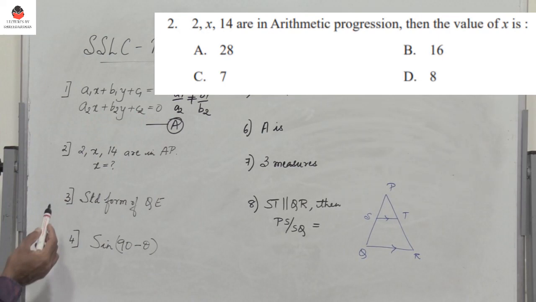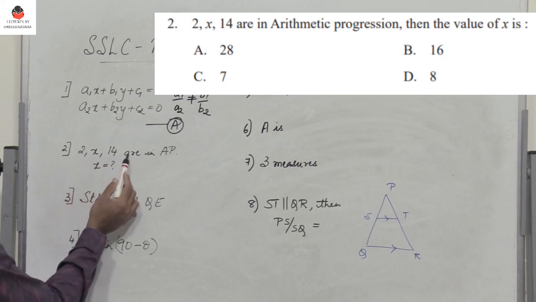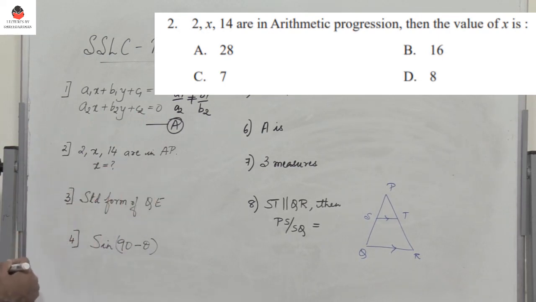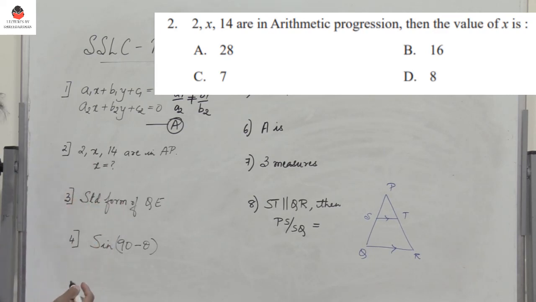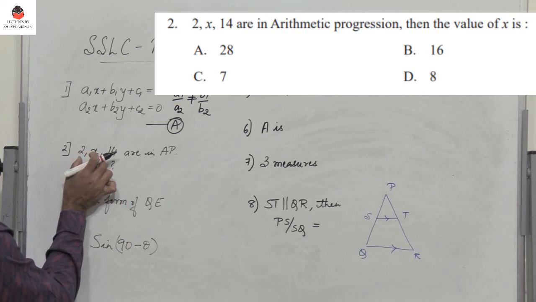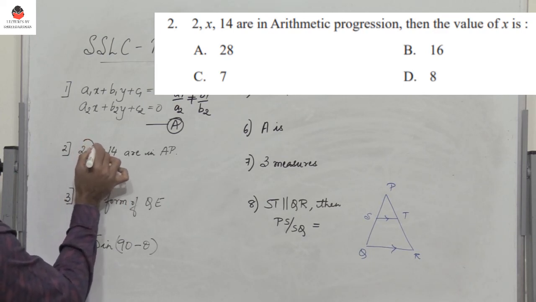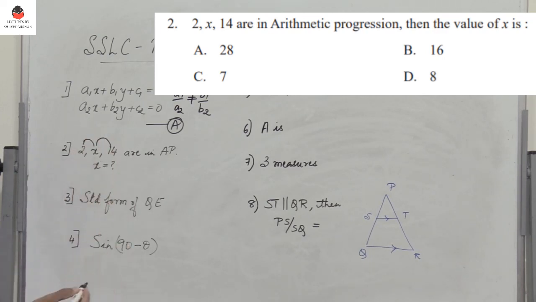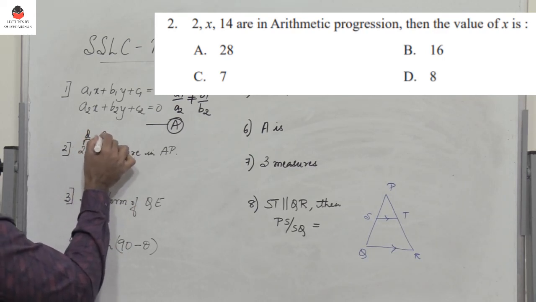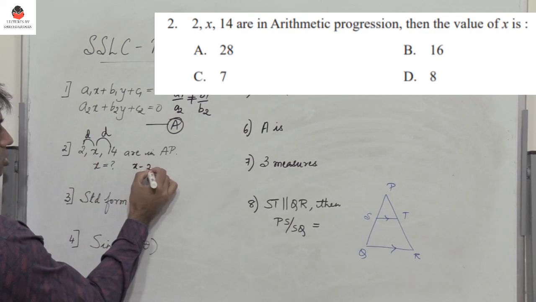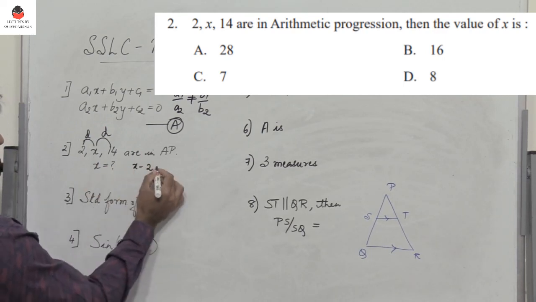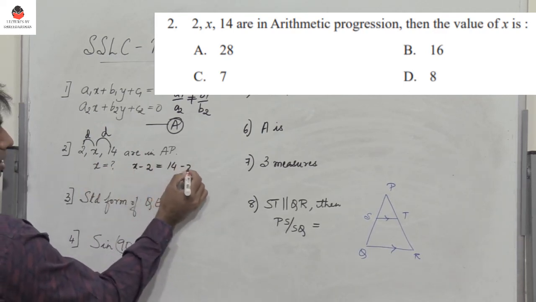The second question: 2, x, 14 are in arithmetic progression. What is x? Now we know that these three numbers are in AP. So the common difference between 2 and x, and x and 14, remains the same, because this is d and this also is d. So x minus 2 equals 14 minus x.